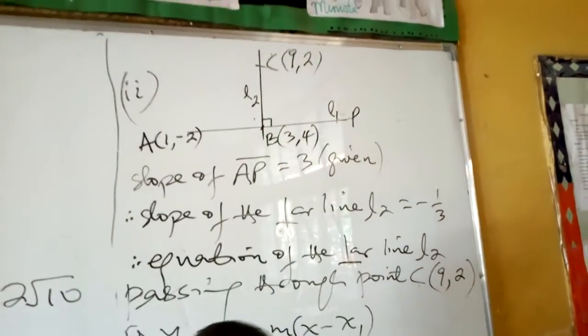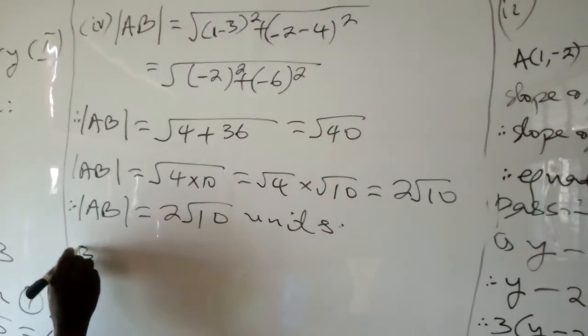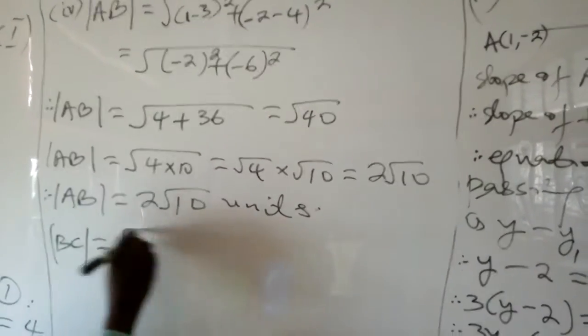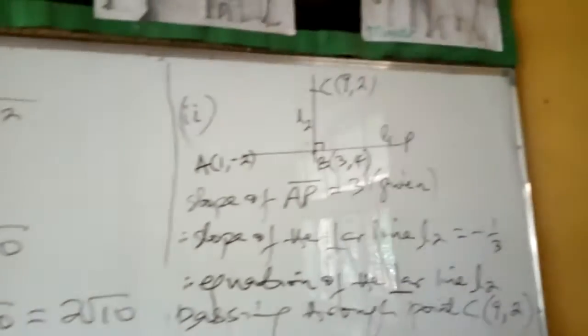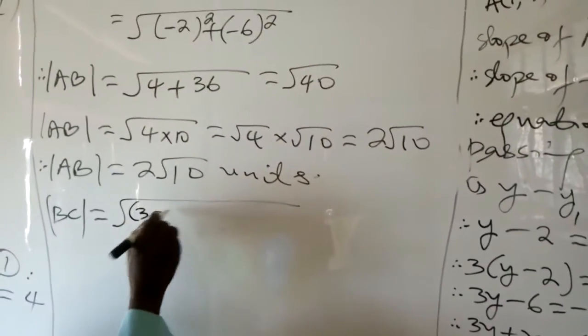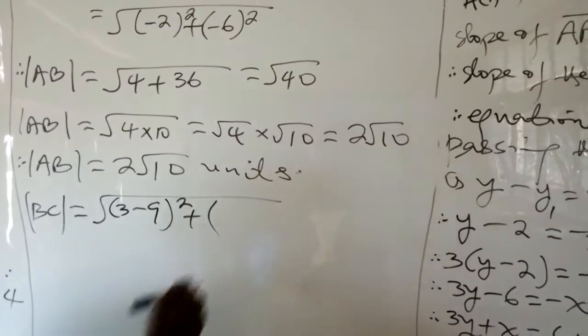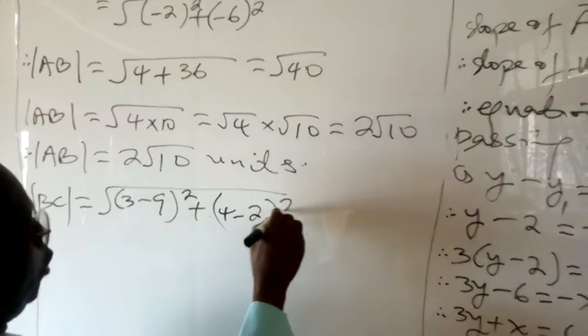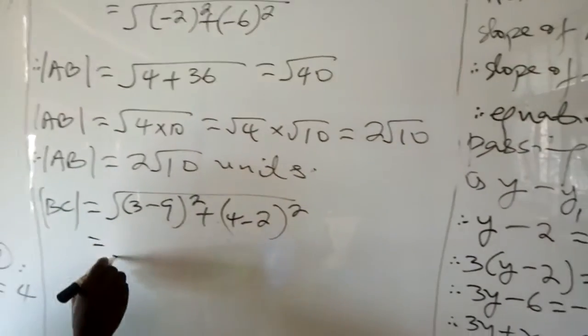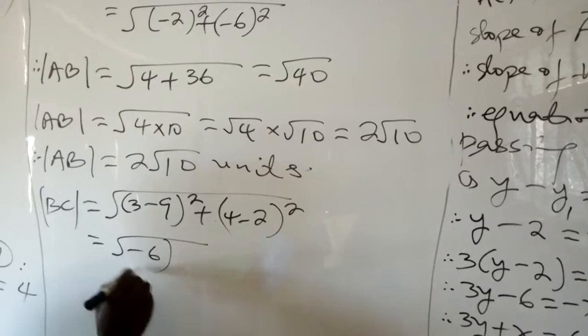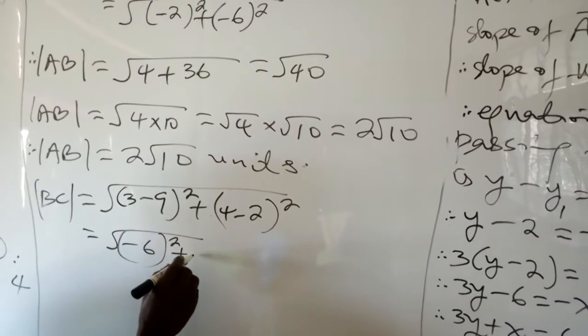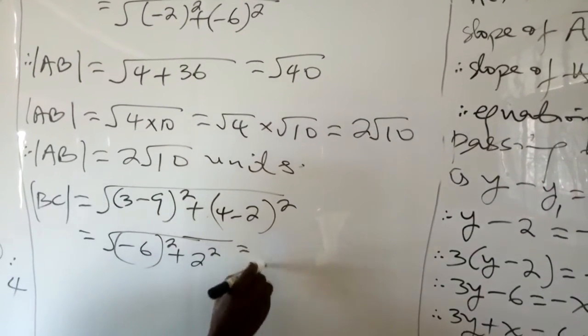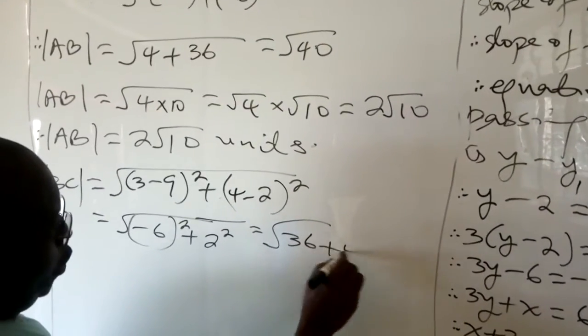Then I should also find BC. I am to find the length of BC. Using the distance formula again, distance BC is the root of (3 minus 9) squared plus (4 minus 2) squared. So this is equal to minus 6 all squared plus 2 squared, and that is 36 plus 4.